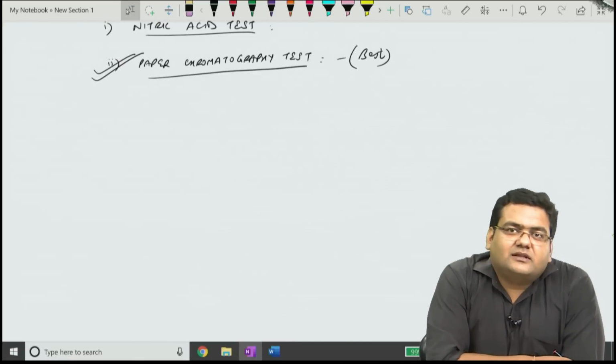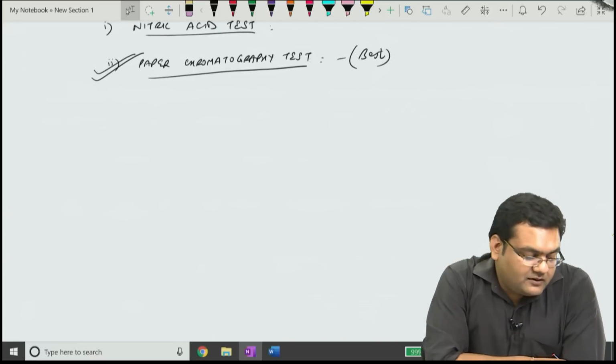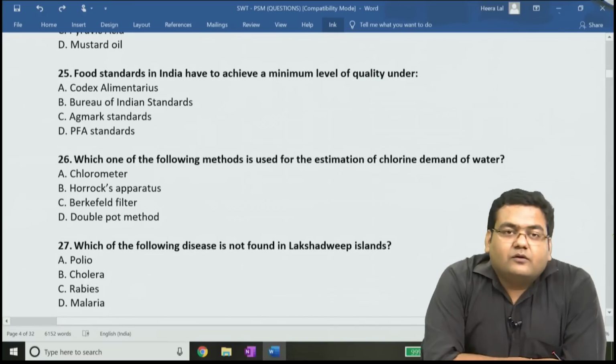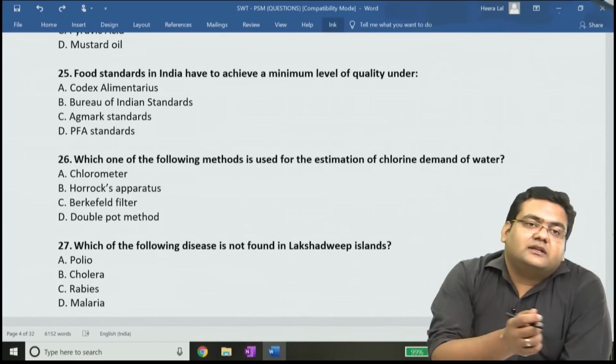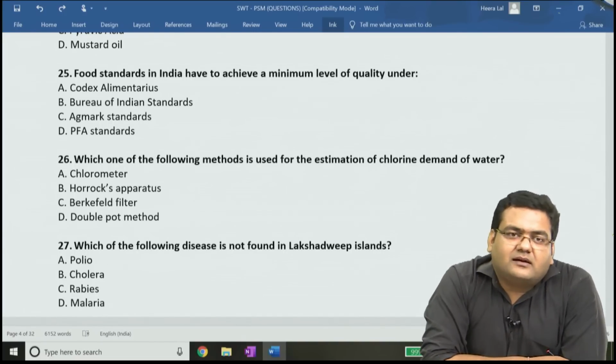Coming to the next question, that is question number 25. Food standards in India have to achieve a minimum level of quality under. The correct answer is option D, that is PFA standards.